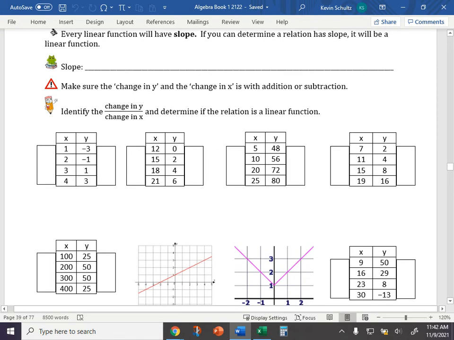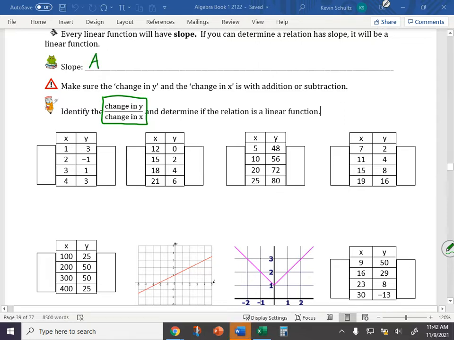So rise over run, how far you go up versus how far you go over. Another way to say that is the change in y over the change in x. Because when you count up or down, that vertical axis on the coordinate plane is the y-axis. You're calculating the change in the y values of your pairs. And when you go across the x-axis, you're looking at the change in x.